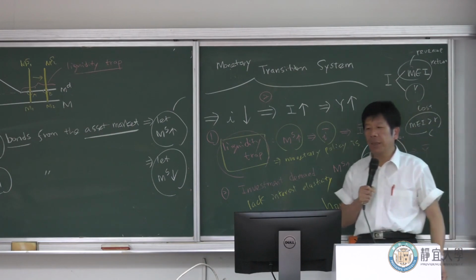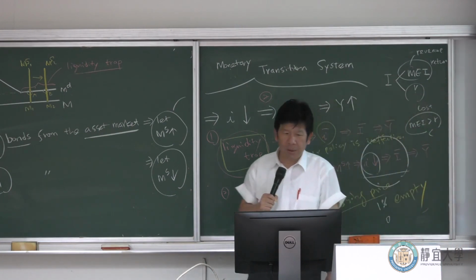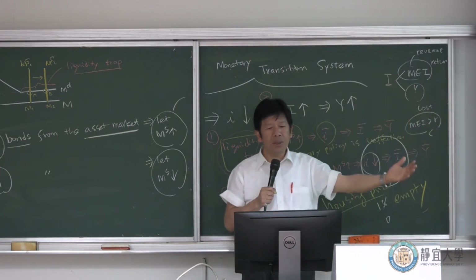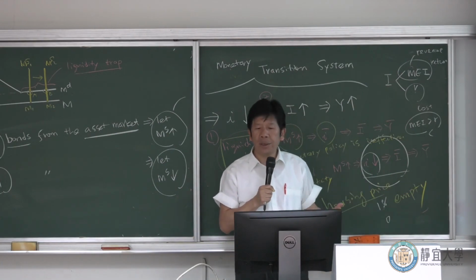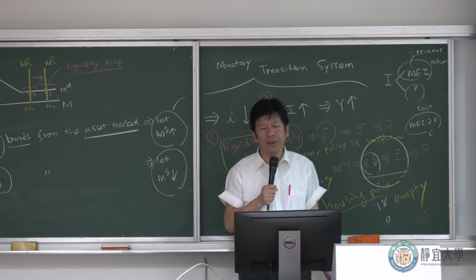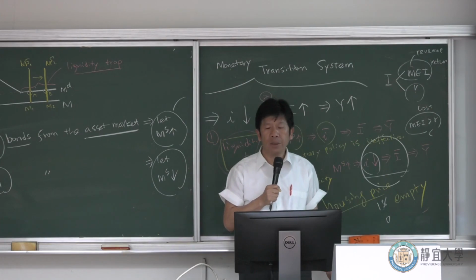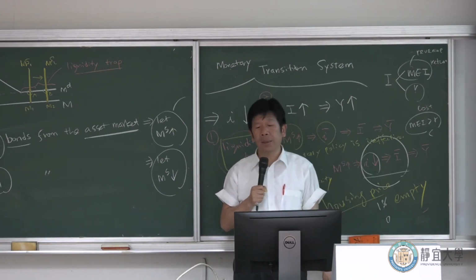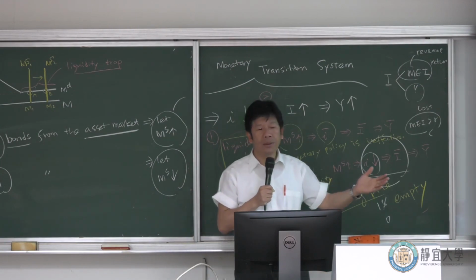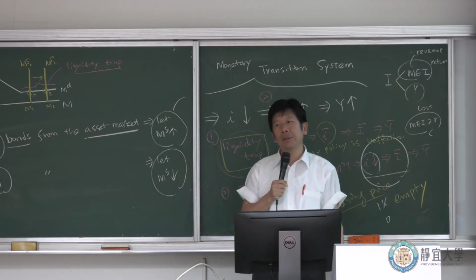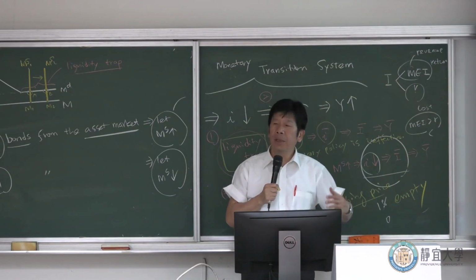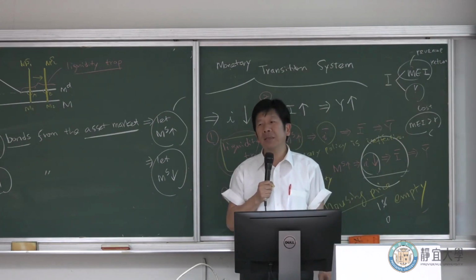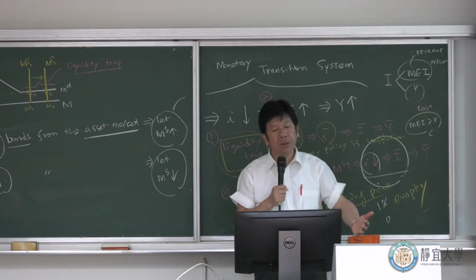So you can see the two extreme cases arise when discussing the effect of monetary policy on the economy. The second one means the reluctance of the bank to lend, because now the banking system doesn't like to lend money to people, because they worry.